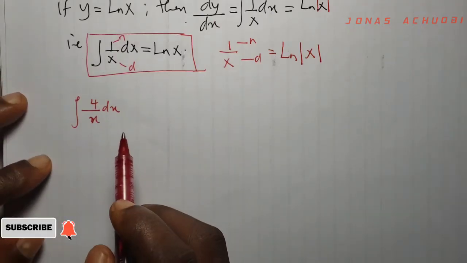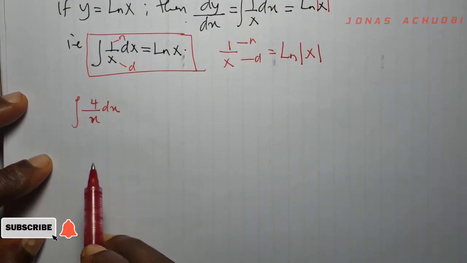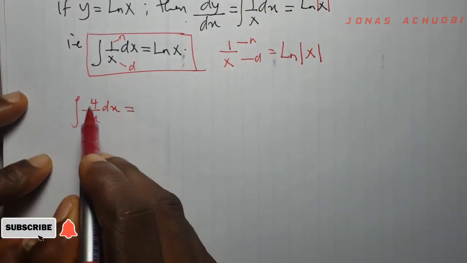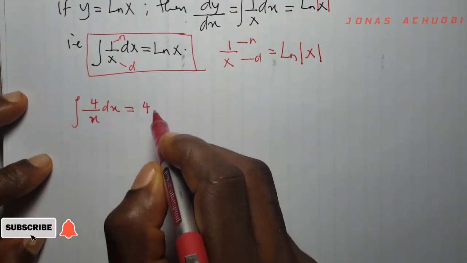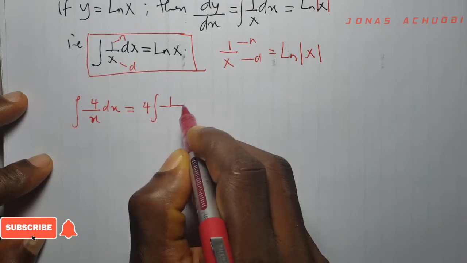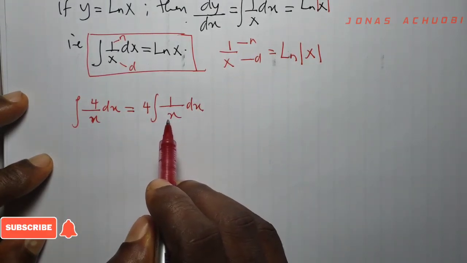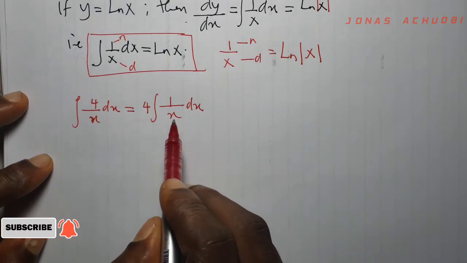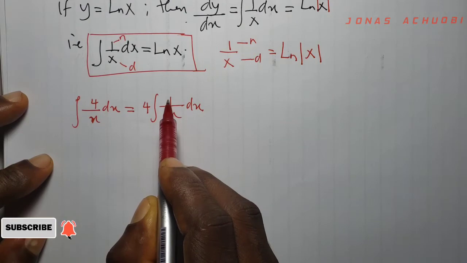Take for instance, we are asked to integrate 4 over x dx. So what do we do? 4 is a constant, so I can take 4 out of my integral sign and I have 4 integral of what? 1 over what? X dx. What do I observe here? I see clearly that if I differentiate x, the denominator, I get 1, and 1 is the numerator.